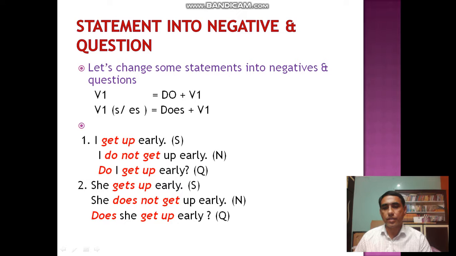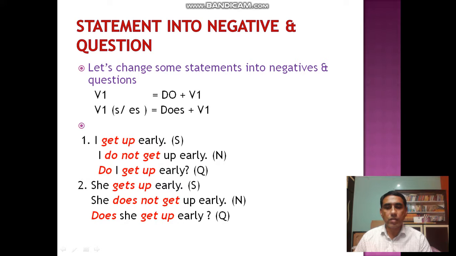Okay, right. Number 2, she gets up early. Look here, gets. V1 S oblique S. Get is added with S. So it turns into does not get.